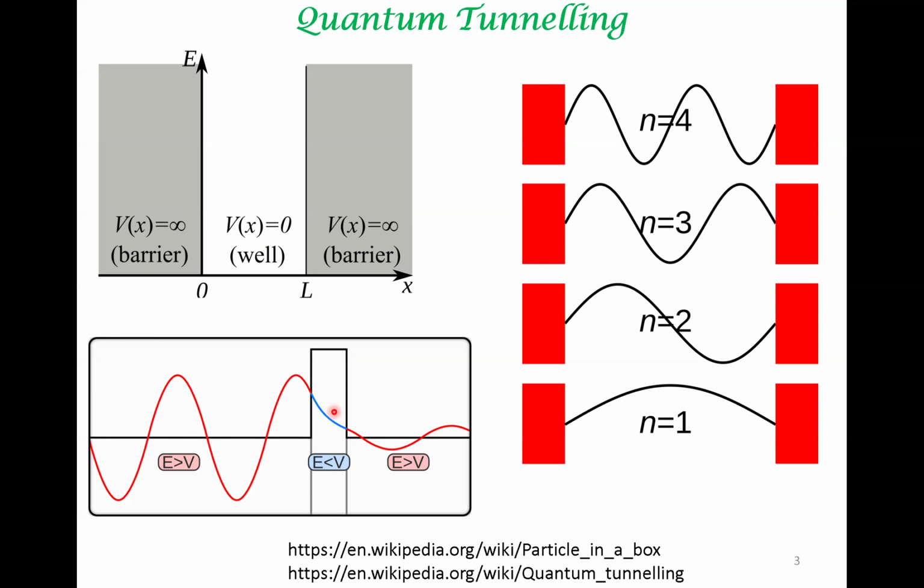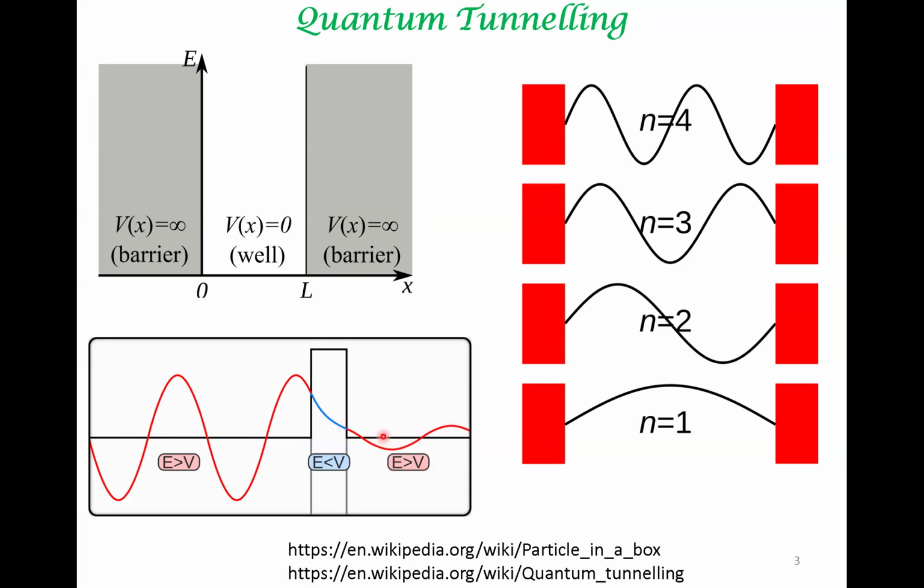But the finite barrier is such that the barrier energy V is greater than the energy of the particle. Despite this being so, in contrast to classical mechanics, in quantum mechanics the particle can still exist in this region, and in a way, it can cross this barrier and move to this region.